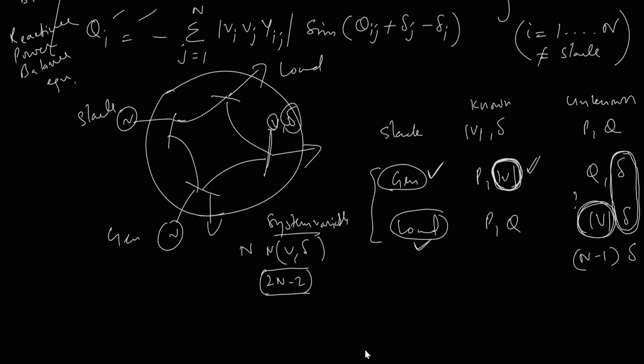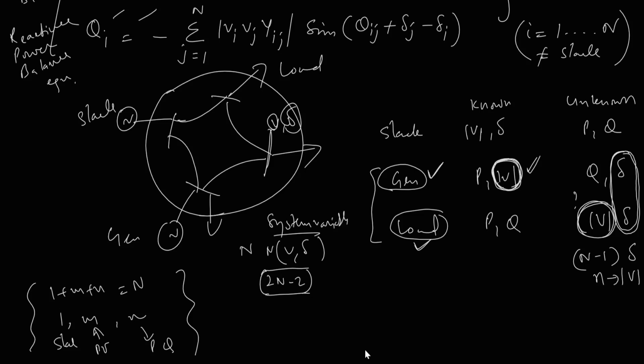If I say 1, m and n, where 1 is slack, m is PV buses and n is PQ buses, and 1 plus m plus n is equal to the total number of buses, if I define the system like this, then n number of voltage magnitudes I have to find out.